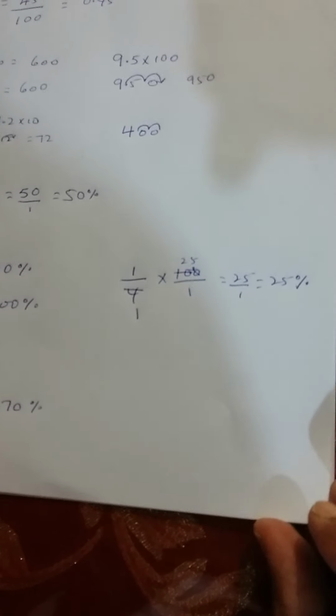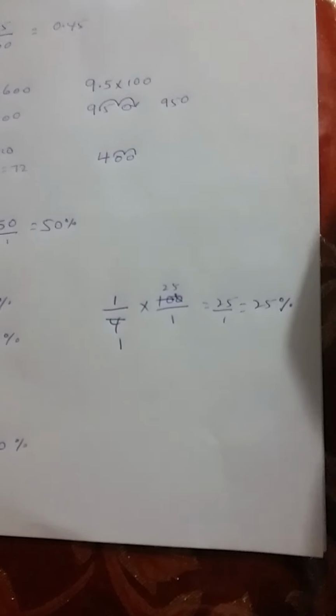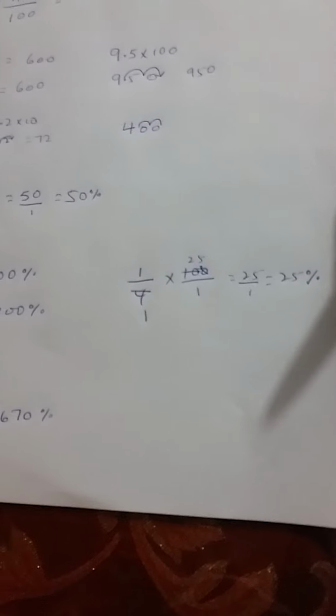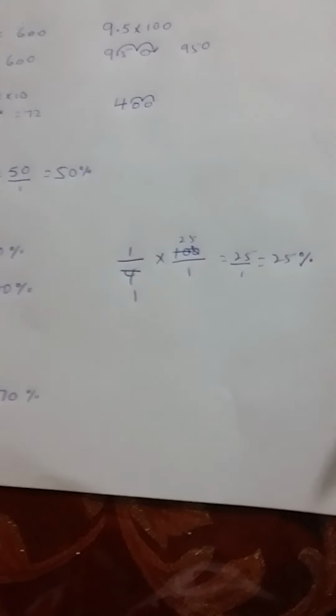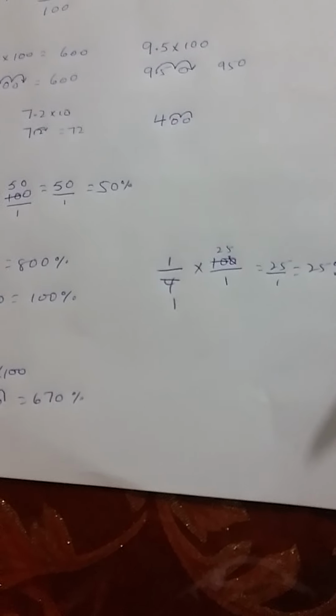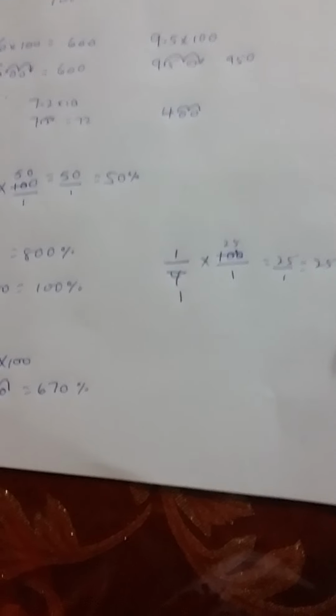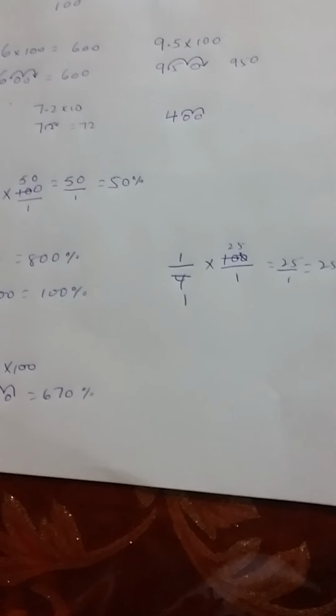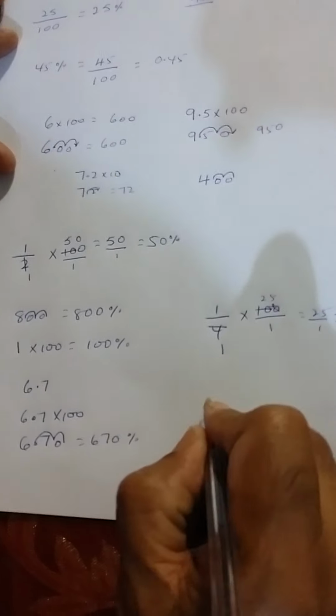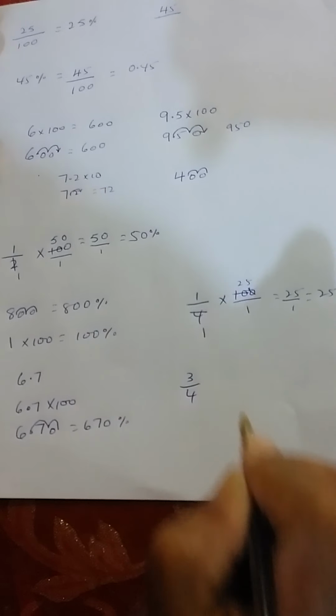What we are saying is that when we want to convert any number to a percent, a fraction, a decimal, or a whole number, we simply multiply the number by 100. Easy? Alright?